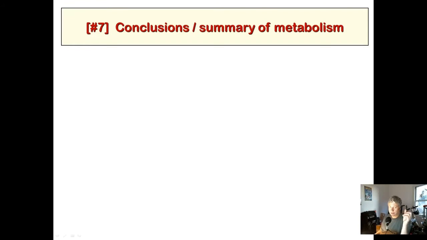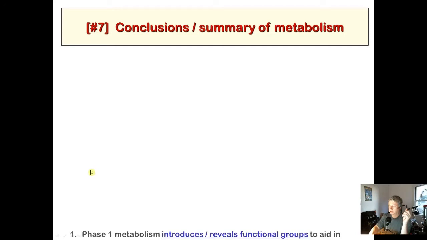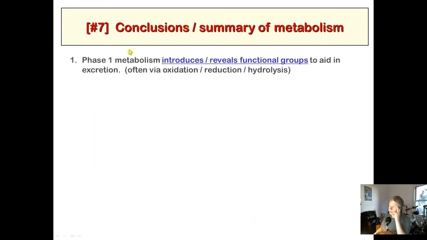Okay, conclusion from the metabolism section. Phase 1 metabolism introduces or reveals functional groups to aid excretion. It's often oxidation, or as we've seen a couple times, oxidative dealkylation, reduction of a ketone or a nitro or an azide, hydrolysis of an ester or amide.